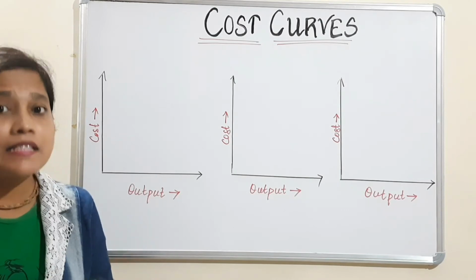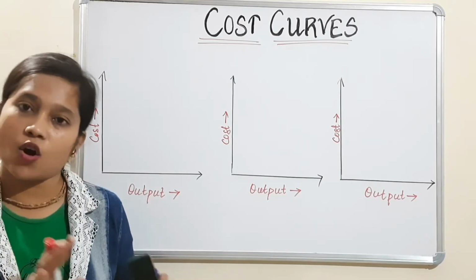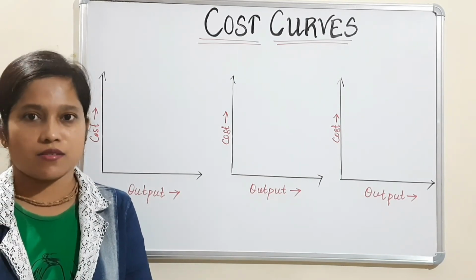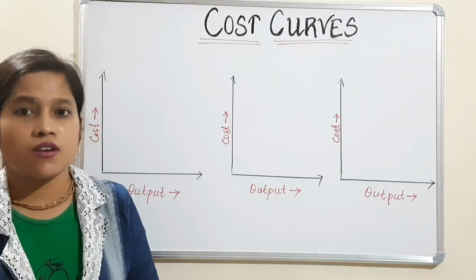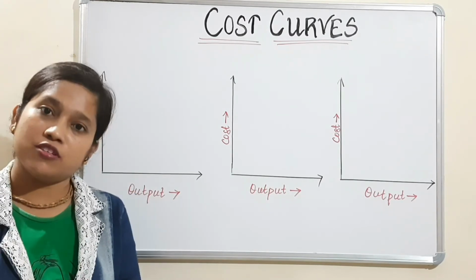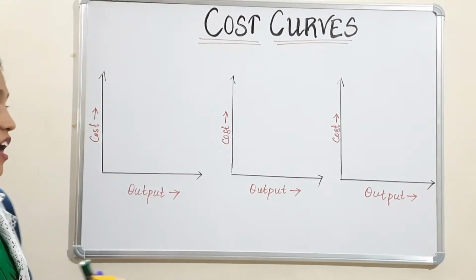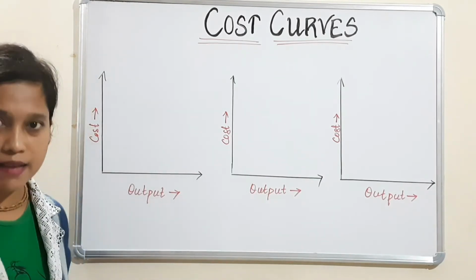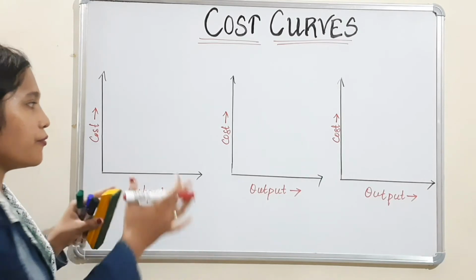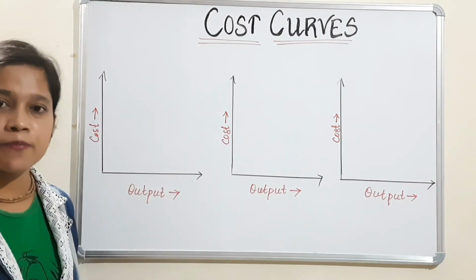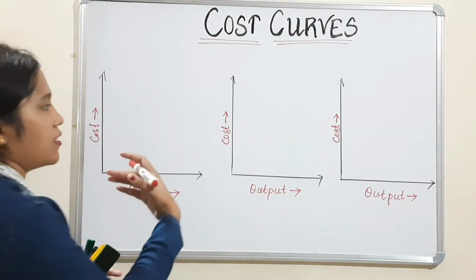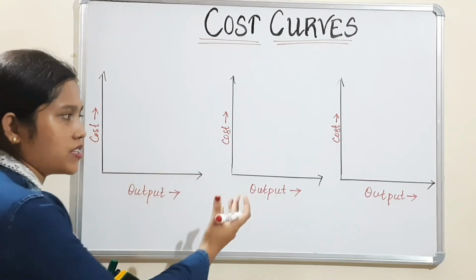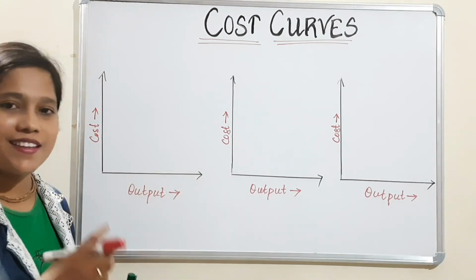So guys, we have discussed the concept-wise different cost things: total cost, total fixed cost, total variable cost, average cost. Now we will see how we can define those costs which we have just learned in graphical form. Graphically, how we can tell that this is total cost, total fixed cost, total variable cost. Let's start then.